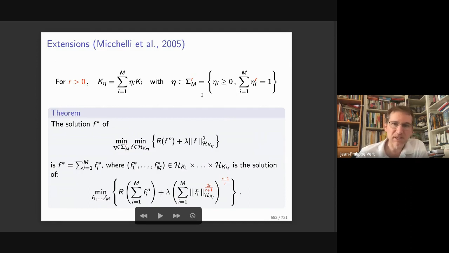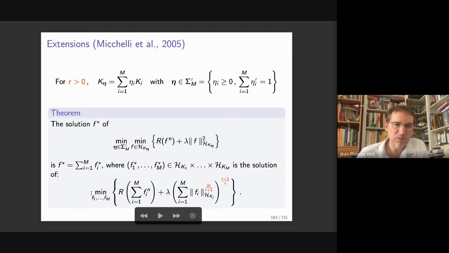But mathematically, at least, you can show that if you choose an r and optimize over this space, so if you consider, again, the best eta in that space, sigma r, in terms of the function J of K, so the objective function of your kernel method, then you can write the same theorem as the one I showed before that explains the regularization effect of MKL, but this time with the term r.